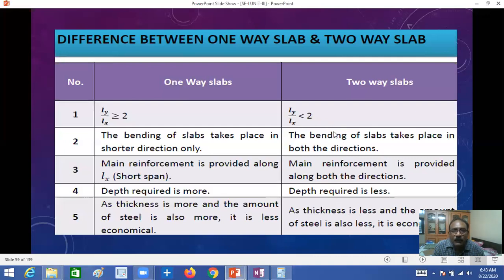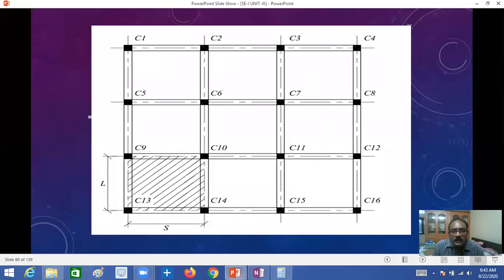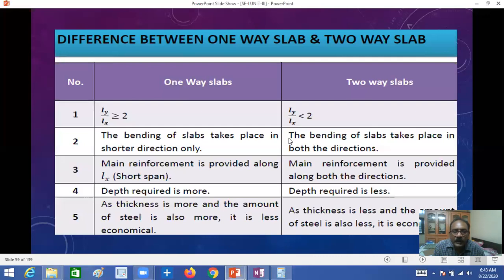So these are the important differences between one-way slab and two-way slab. If you see, this is a two-way slab, right? This is a two-way slab. This is also a two-way slab. Briefly, I will explain once.